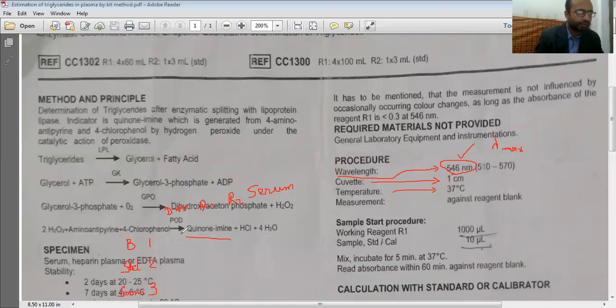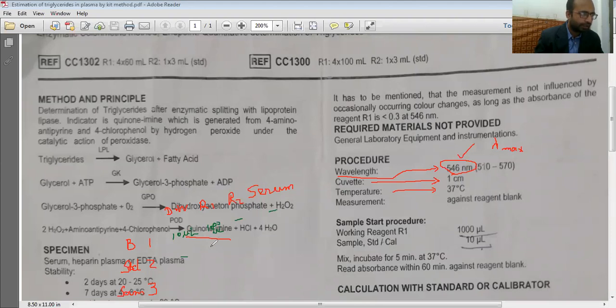Now, in the blank test tube, you will add 10 microliter distilled water, and 1000 microliter R1, but in the blank test tube, you would not add the R2. You would not add the serum. Now, in the standard test tube, you will add no distilled water.